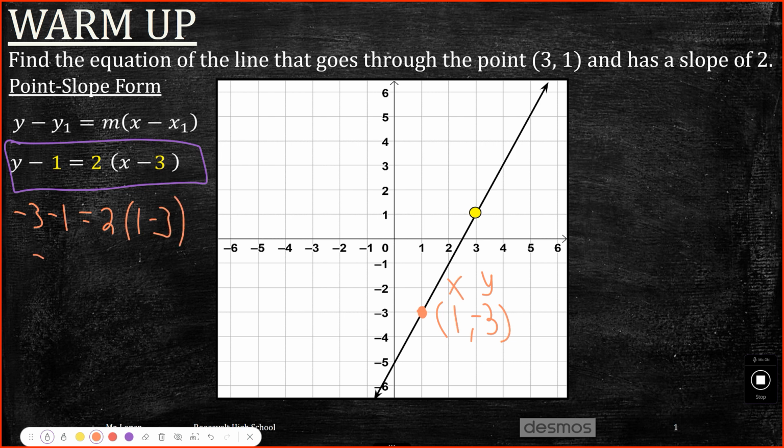So -3 minus 1 is -4, and I'm saying that is equal to 2 times (1 take away 3, which is -2). What is 2 times -2? Oh, -4. And -4 is -4. And it satisfies it. I can choose any point along this line, forever down, forever up, that satisfies this equation. So this is point slope.